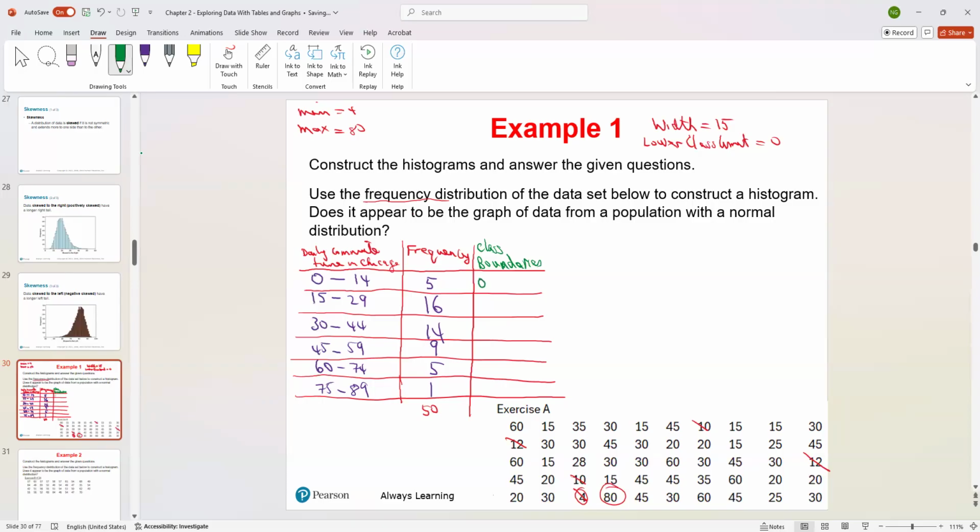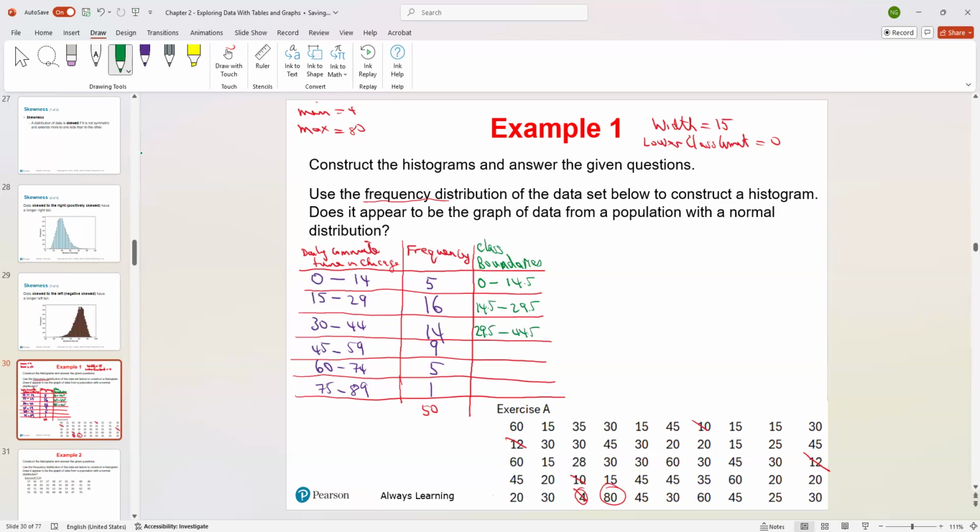Because we start with 0, we're still going to put this one as 14.5. But the next one, when I take 0.5 from this one, it's going to be 29.5. Remove 0.5 from 30, it gives you 29.5.